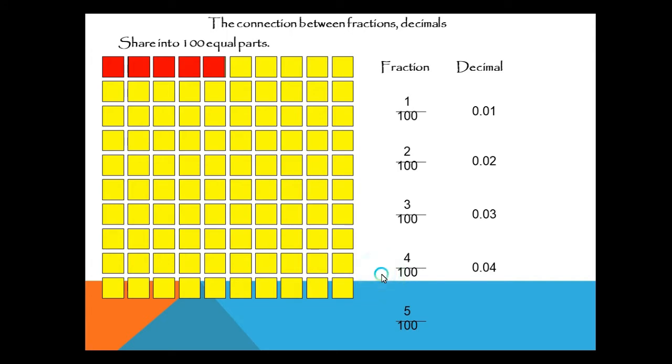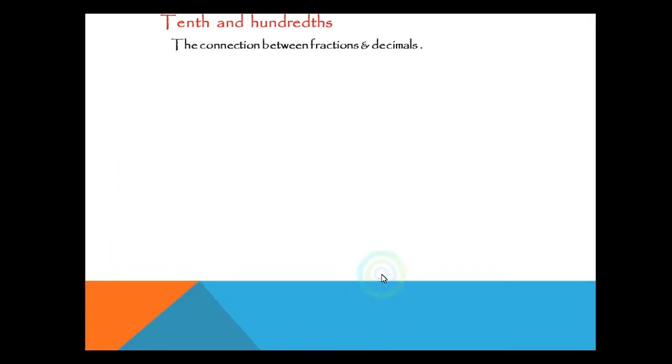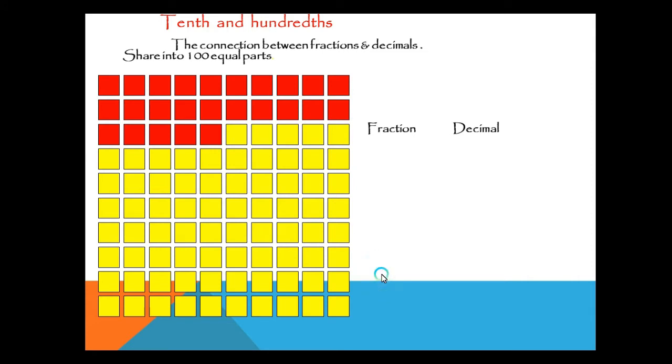And 5/100, 0.05. So let's still see the connection between fraction and decimal, how we can write as fraction and how we can write as decimal.